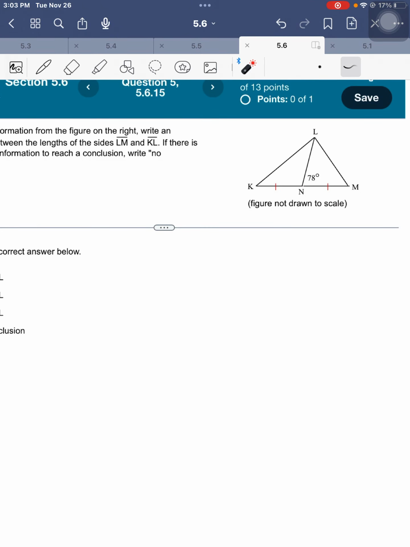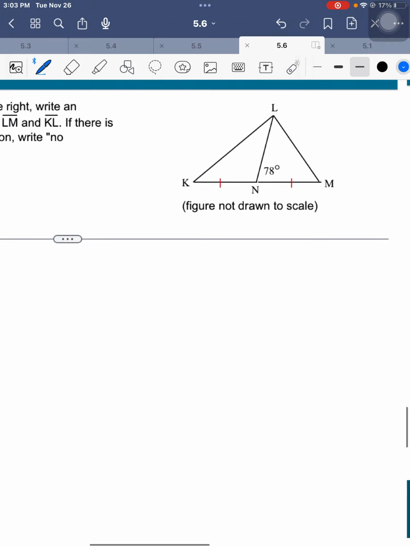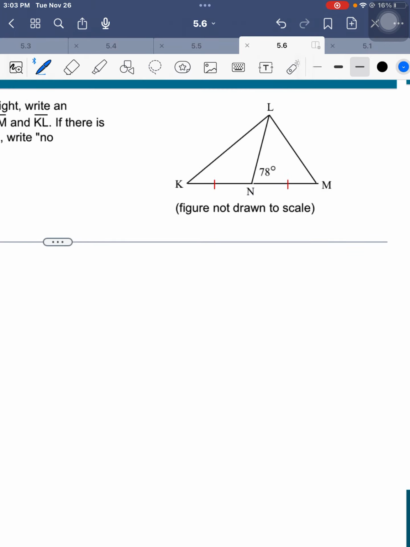Okay. Now, I have here a couple givens. I have that N is the midpoint, cool. So N is the midpoint, so KN is congruent to MN, okay. I also have that LN is congruent to LN because of the reflexive property. And a lot of people would just give up and be like, well, mister, there's no third side measurement, and there's no other angle, there's just one angle.